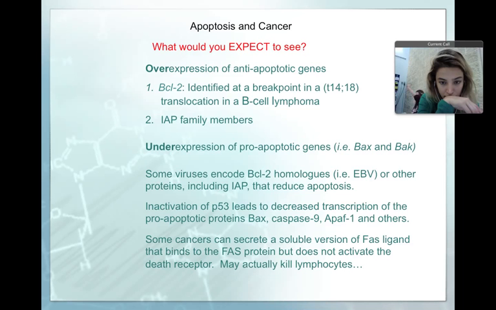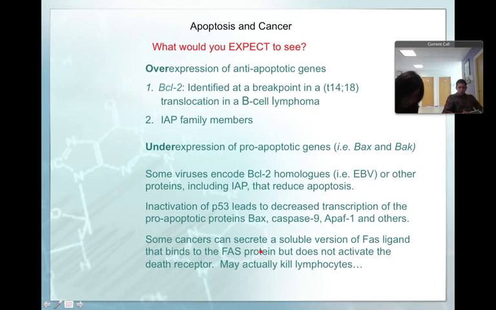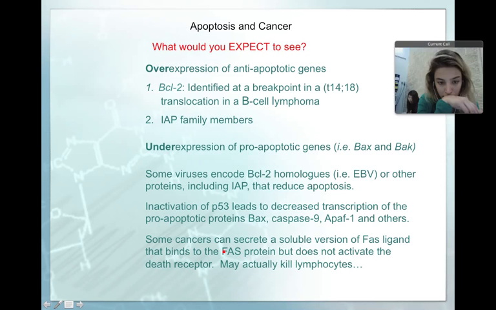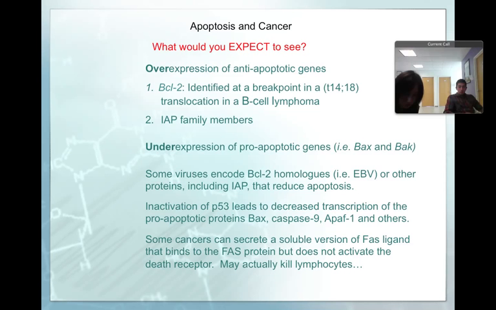Some cancers can actually interfere with the extrinsic mechanism of generating death by interfering with the Fas ligand. They bind to the Fas protein, but they don't activate the death receptor. So essentially, they send out decoys, right, that prevent the cells from dying when they should.